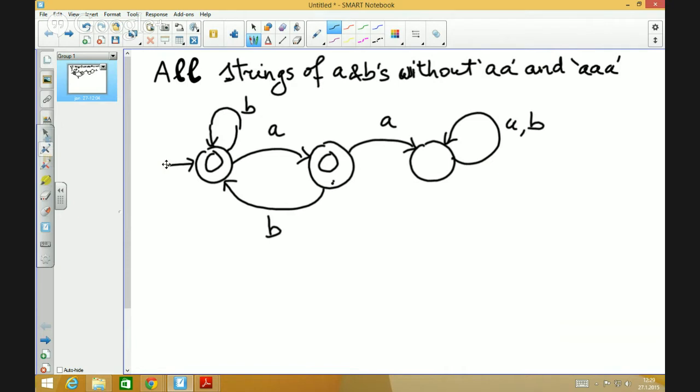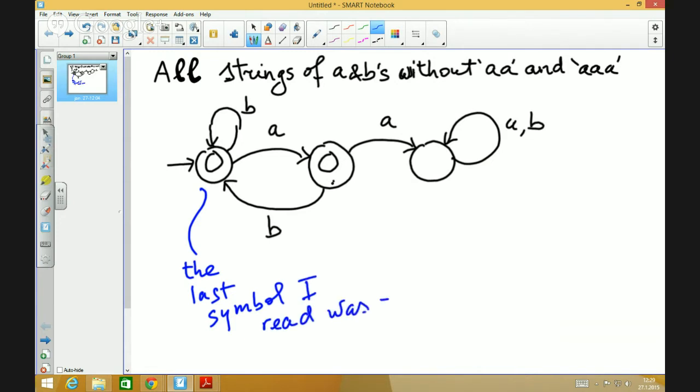So let's clarify the meaning of the states. What does this state mean? This state really means the last symbol I read was different from A. It was either nothing or it was a B. This state means last read A. Only one.